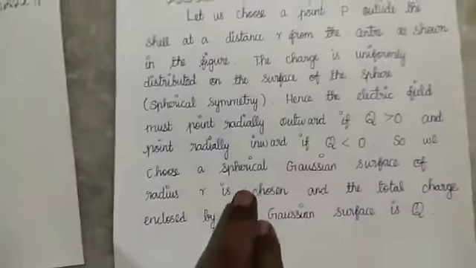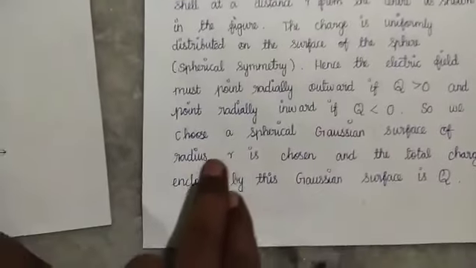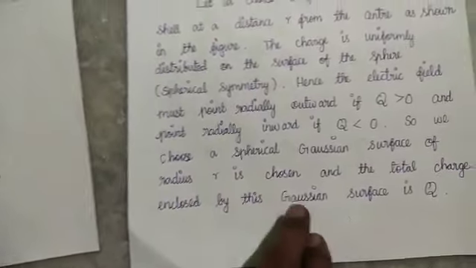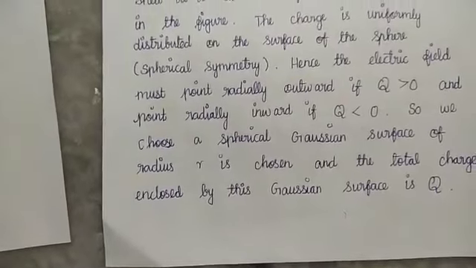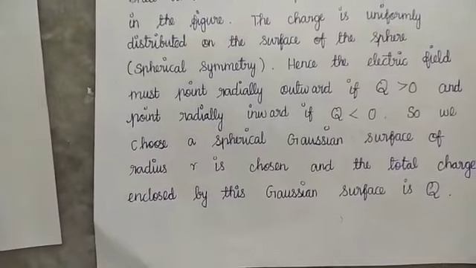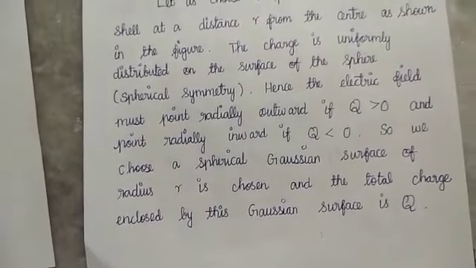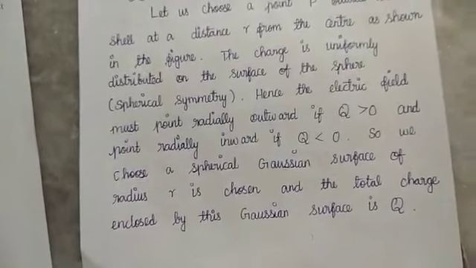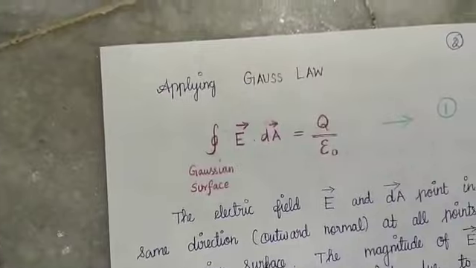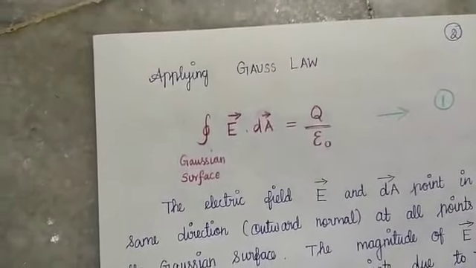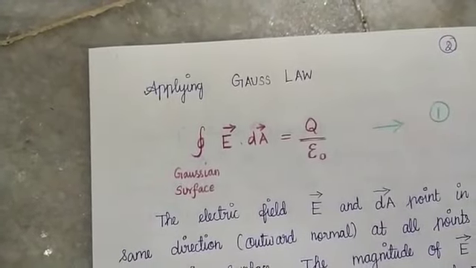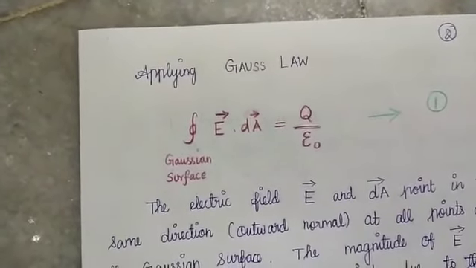So we choose a spherical Gaussian surface of radius r, and the total charge enclosed by this Gaussian surface is Q. So according to Gauss law, the closed integral of E vector dot dA vector over the Gaussian surface equals Q by epsilon naught.